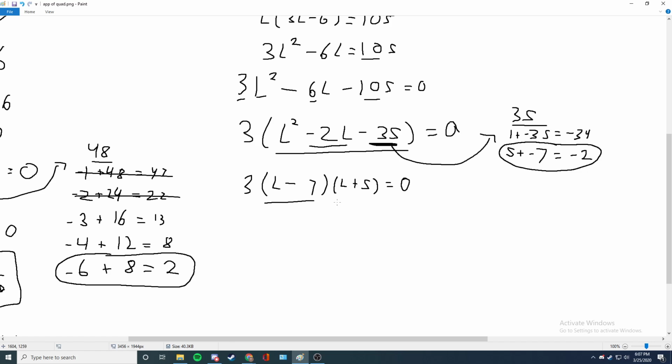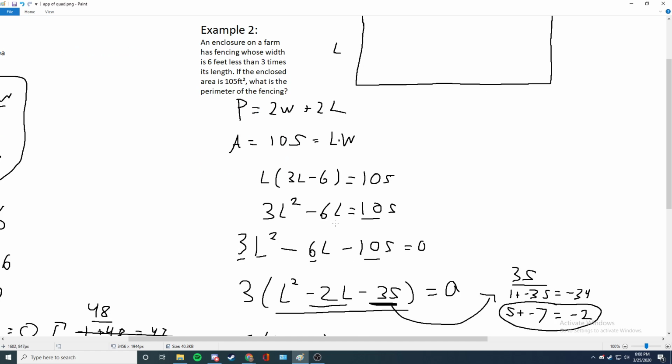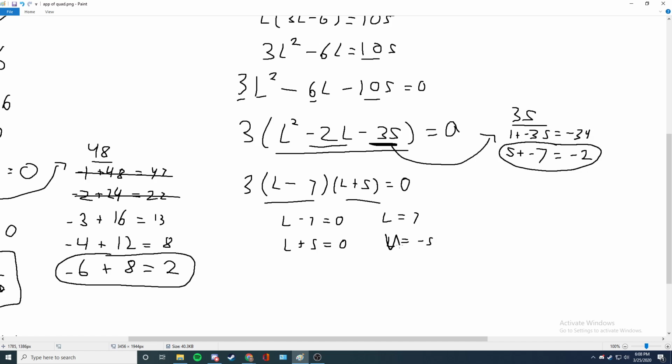So if we break this into the two different problems again, we get L minus 7 equals 0 and L plus 5 equals 0. So L can either be positive 7 or it can be negative 5. And again, since we're dealing with real life, there can't be a negative length. So this negative 5 is just going to go away.